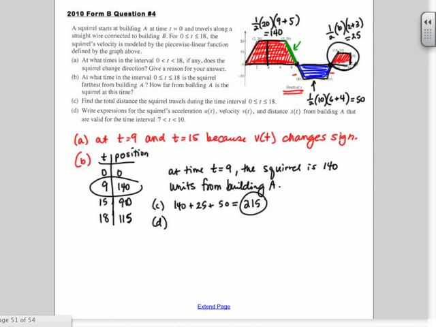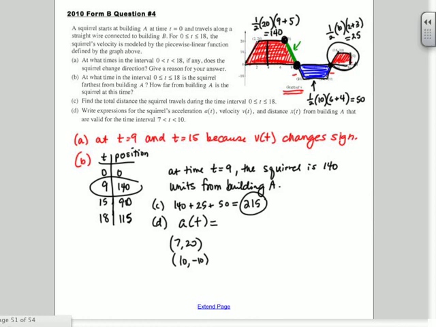Okay, do we know the slope? So you can find the slope, yeah. So it's -10. So your acceleration is the slope between these 2 points right here. So the first point was 7, 20, and the second point was 10, -10. So you just find the slope between those 2 points.